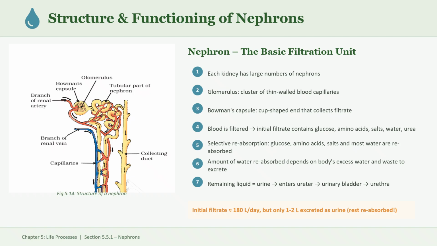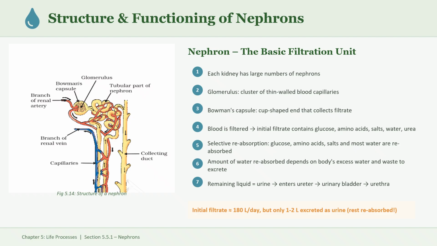When we talk about nephrons, the basic functional unit of the kidney is the nephron. What is the nephron, children? The nephron is the basic functional unit of the kidney. Each kidney contains a large number of nephrons, and this is the structure of the nephron.